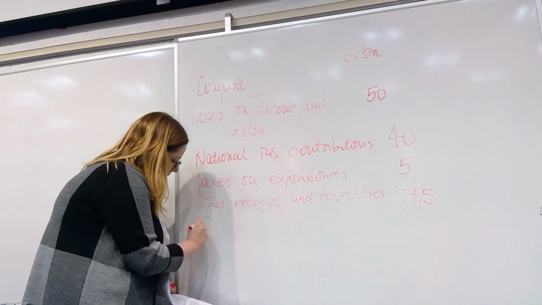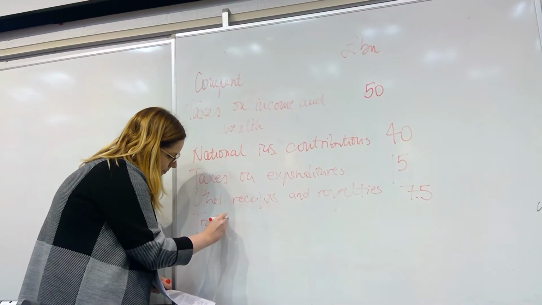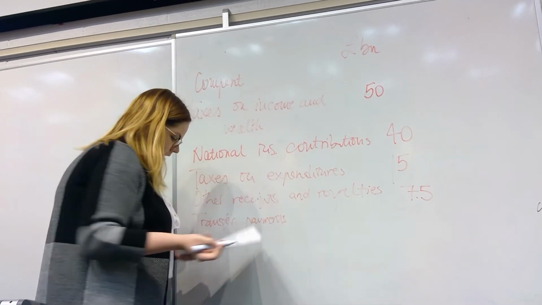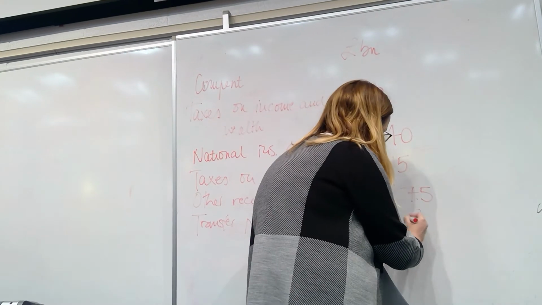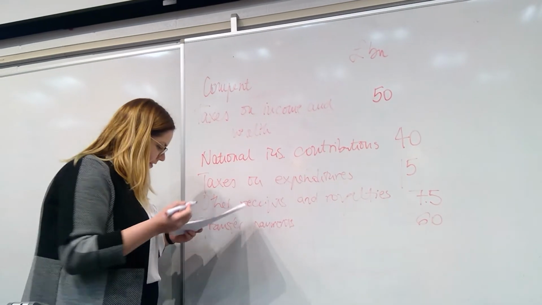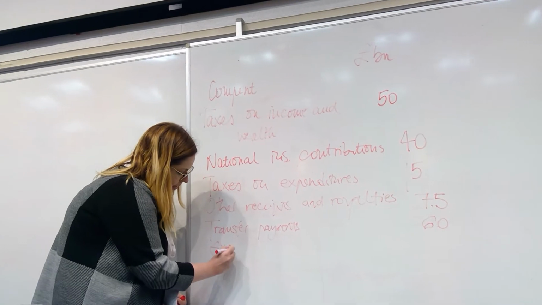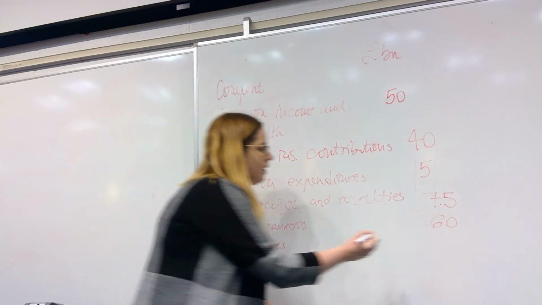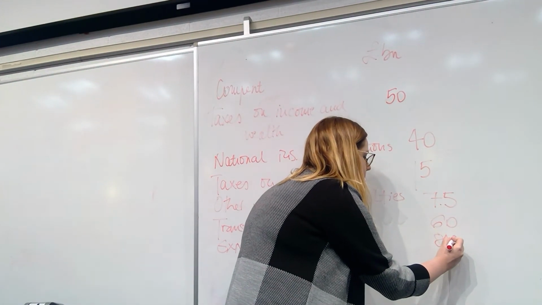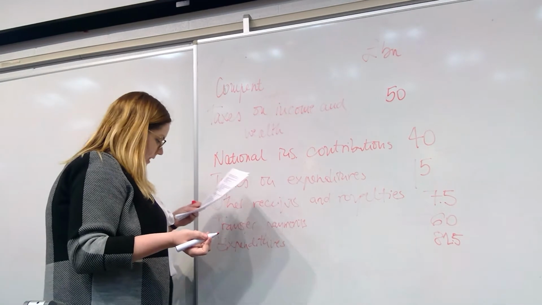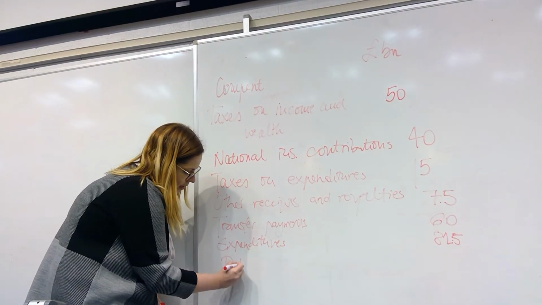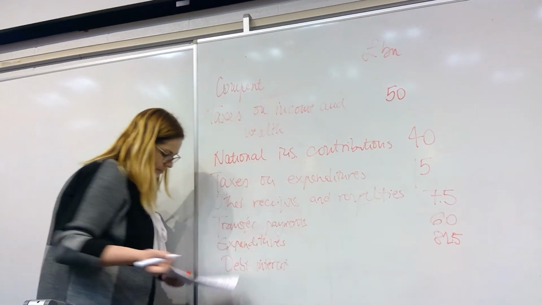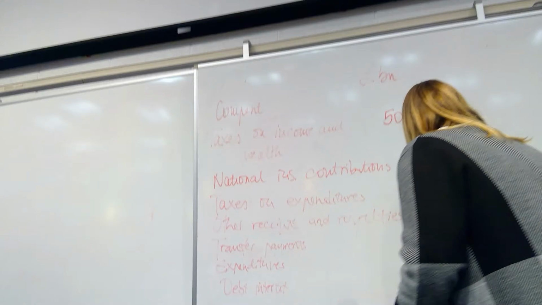Then we have transfer payments, which are 60 billion. Then we have expenditures on goods and services, which are 82.5 billion. And finally, we have debt interest, which is 7.5 billion.